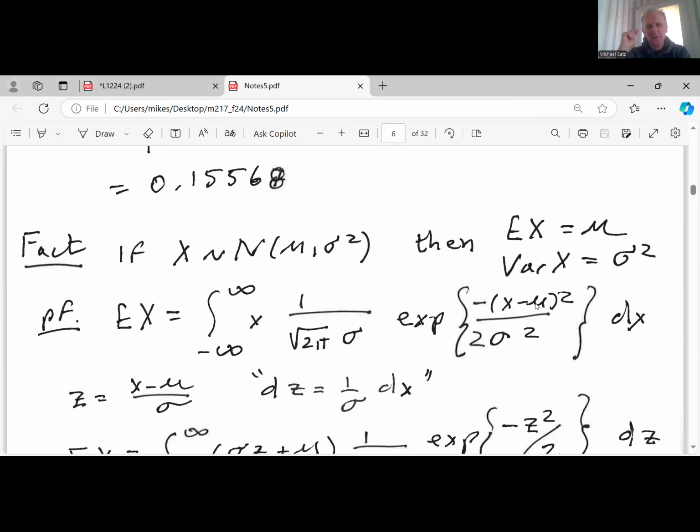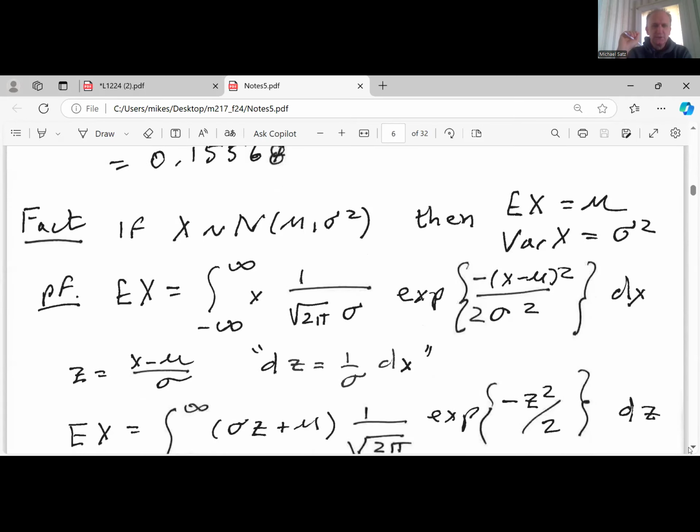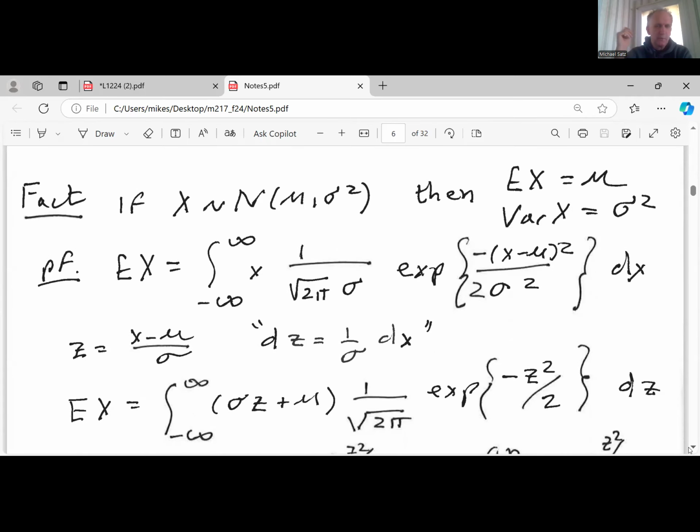Everything's centered at mu, which is the maximum, and then it's perfectly symmetric. So for every bit I move over to the right, I move over to the left. So using just that intuitive center of mass idea for the expected value, you've got to be thinking E[X] is mu. So let's look at how you would go about this. I'm not going to do it for the variance, but you're free to follow it in the notes. You should probably, just to convince yourself.